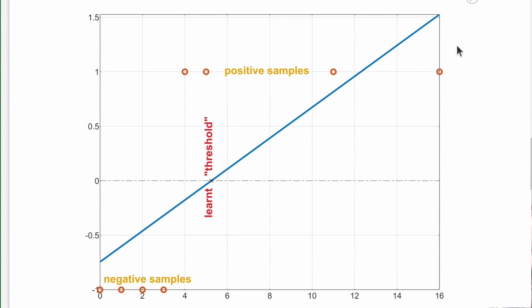The red circles are the training samples, and the line that I fitted with least squares is in blue. And in here we have the classification boundary, and we see that these two training samples are not correctly classified.